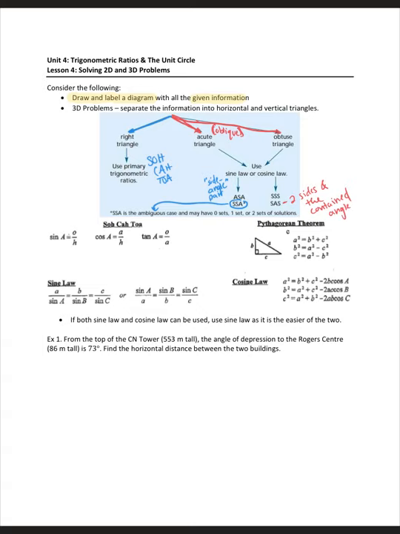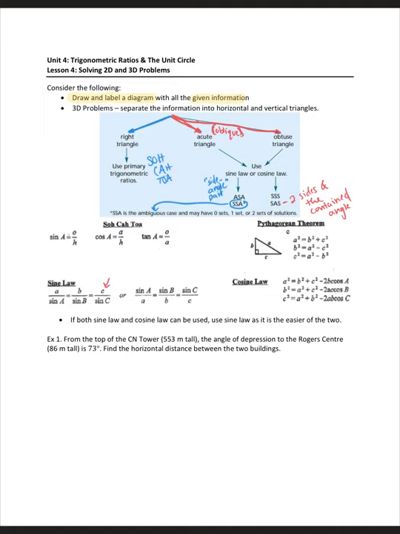So SOH CAH TOA we already talked about. Pythagorean theorem is another trig formula that we should know. If we know 2 sides of a right triangle, then we're able to find the third side using Pythagorean theorem, and that formula is given there with just some rearranging to solve for different variables. Our sine law, we have 2 setups for sine law.